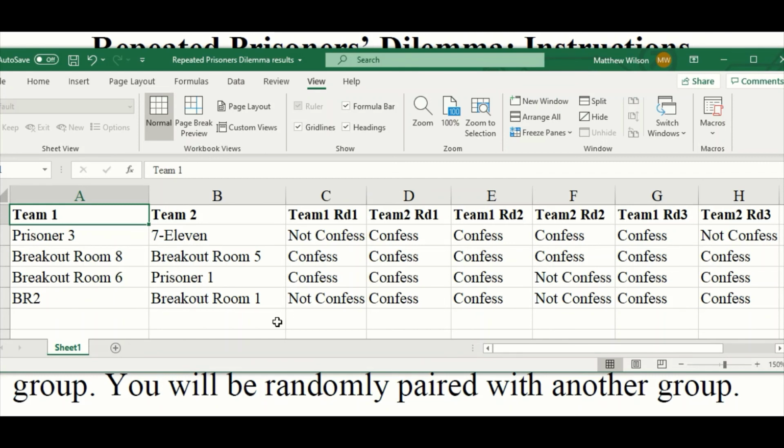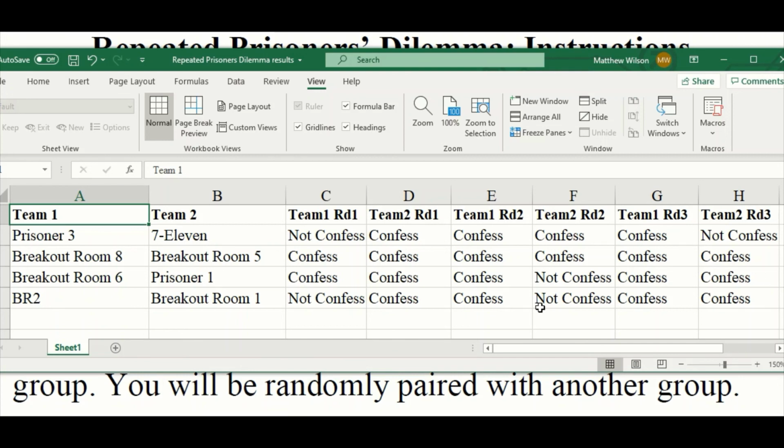In our last pairing, Breakout Room 2 was playing against Breakout Room 1, and Breakout Room 2 started playing not confess. So they tried to cooperate, but that was rebuffed by their opponents, who confessed on them anyway. So Team 1 punished them by playing confess. Team 2, though, suddenly switched to cooperation, not confess, but this time they're the ones who got rebuffed by their opponents.